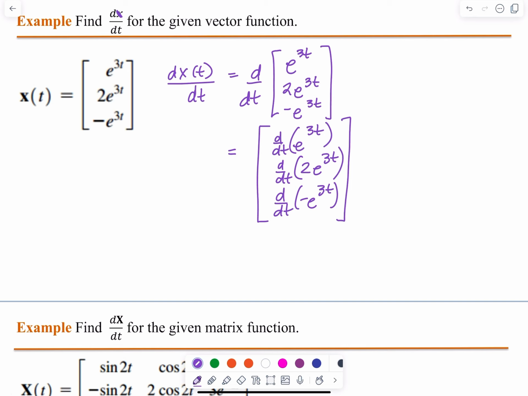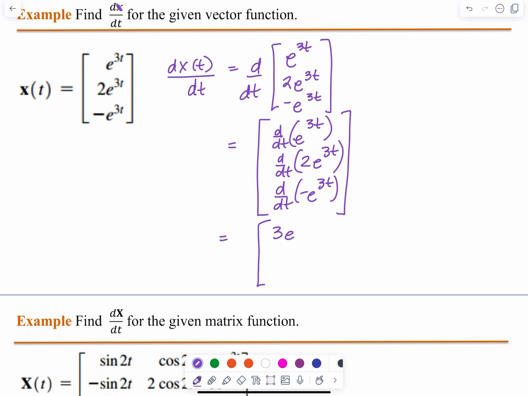And of course, that leaves us with a vector that has 3e to the 3t, 6e to the 3t, and negative 3e to the 3t.